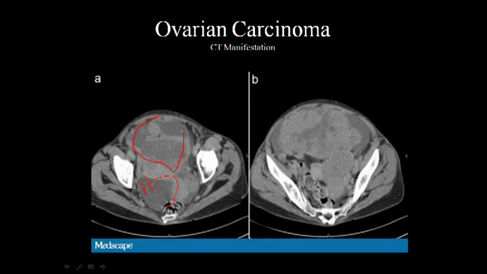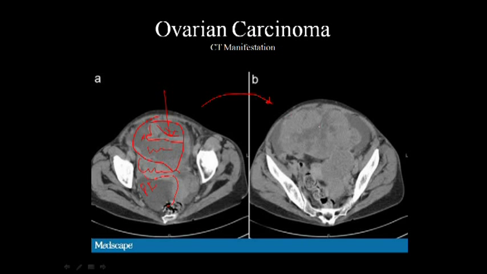Then you see this crazy looking structure here with all of this in between. And notice that you have septations really here with decreased attenuation here, here, here. And because of that, that is typically what you're looking for as a malignancy.